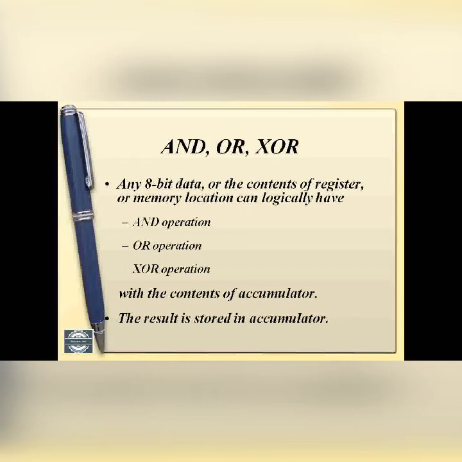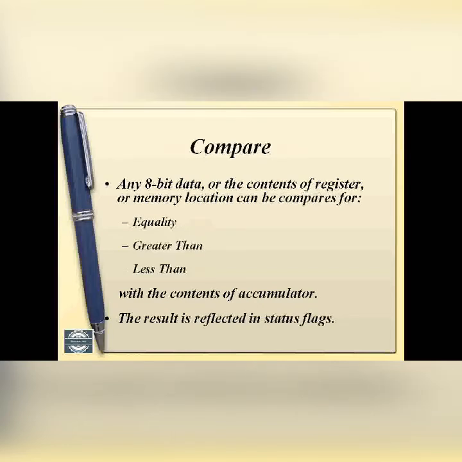AND operations we are familiar with, AND means the dot product. For OR operation and XOR operation, that means if any of the inputs gives 1, then only the output is 1.